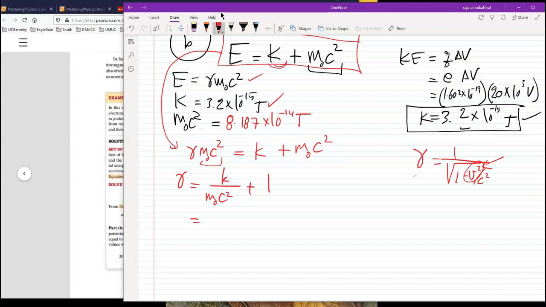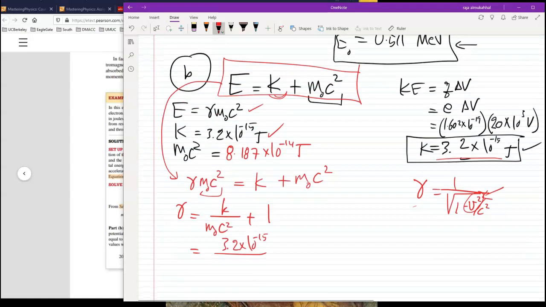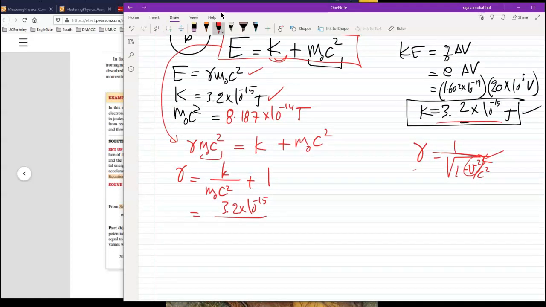Now plug in my numbers. K is 3.2 times 10 to the negative 15, over m naught c squared, which is 8.187 times 10 to the negative 14, plus 1.